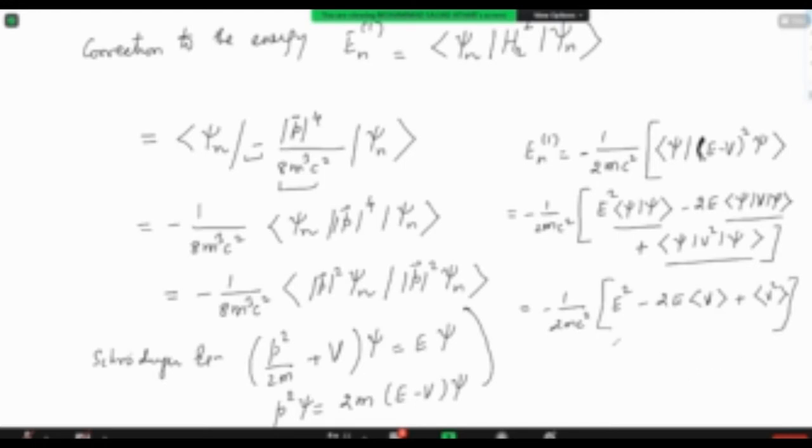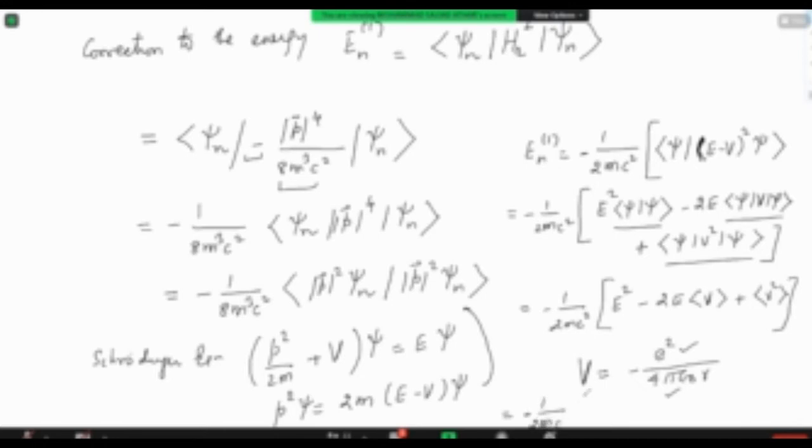Now we know that what is our V? This is the Coulomb interaction energy. This is minus e square by 4 pi epsilon naught R. Therefore, when we put it, e square and 4 pi epsilon naught, they have nothing to do with the expectation value. We can take them out, okay, and then we will write it as, actually this is the first order correction to the energy.